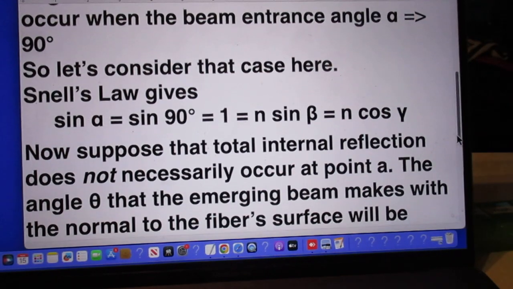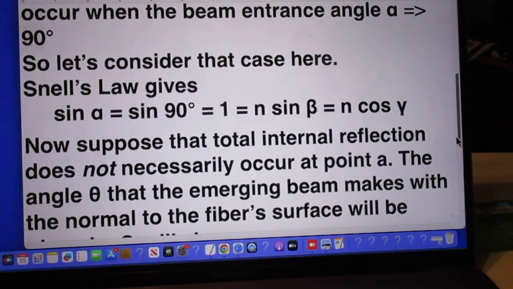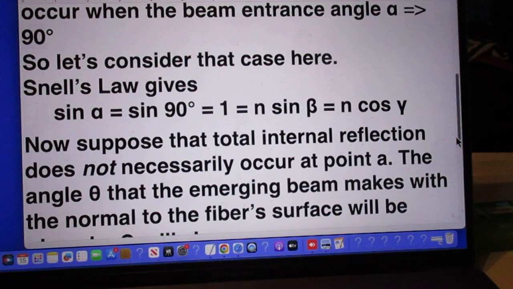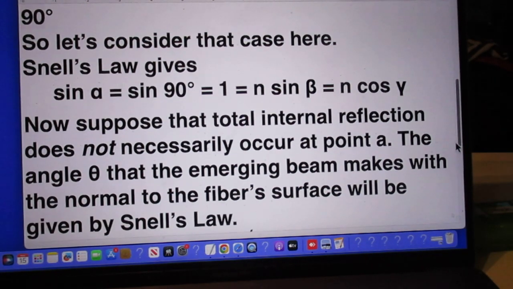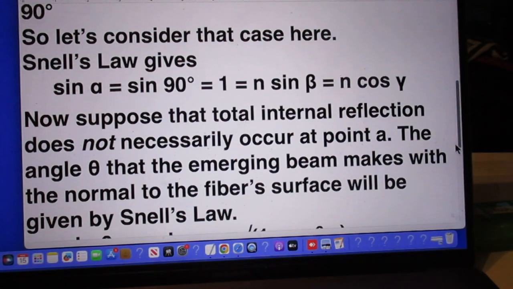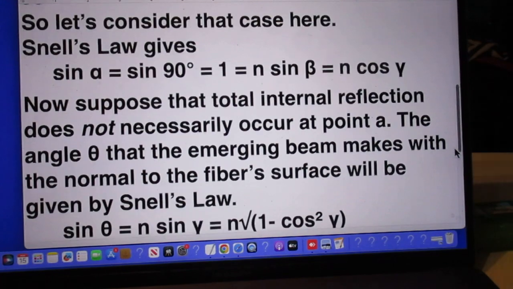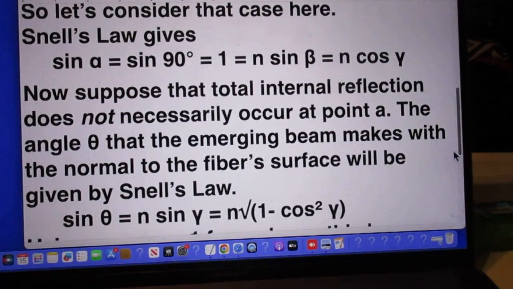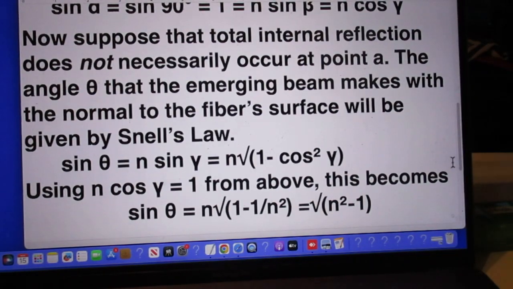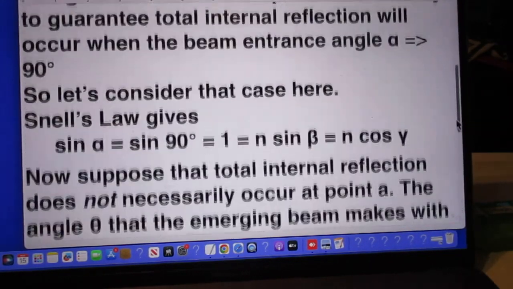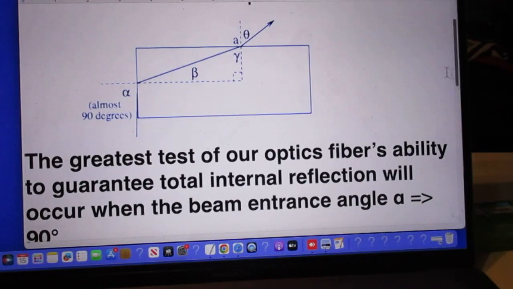Now suppose that total internal reflection does not necessarily occur at point A. The angle theta that the emerging beam makes with the normal to the fiber surface will be given by Snell's law. Namely, going from here to there.